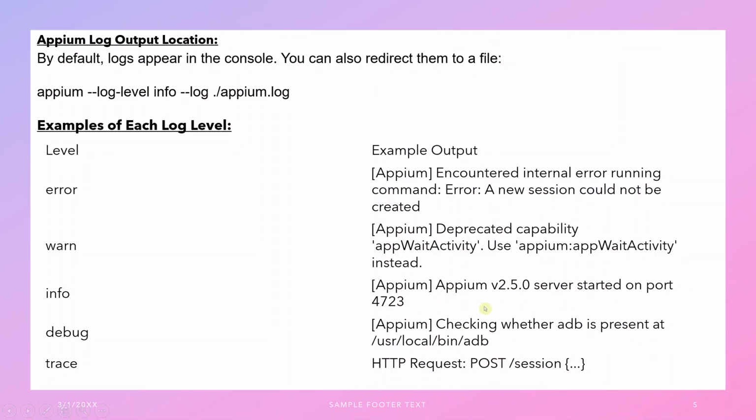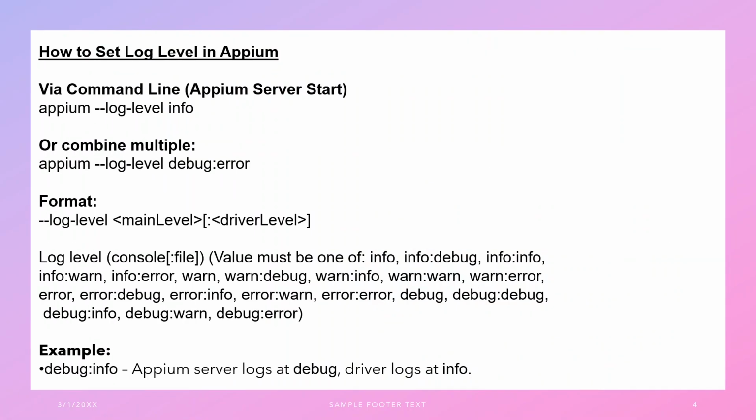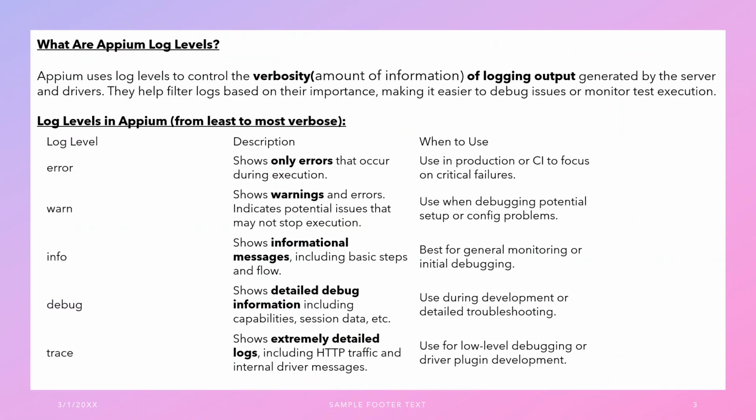This is just information. When do we use this one? It is best for general monitoring and initial debugging. So, in this case, we have to use the log level info.